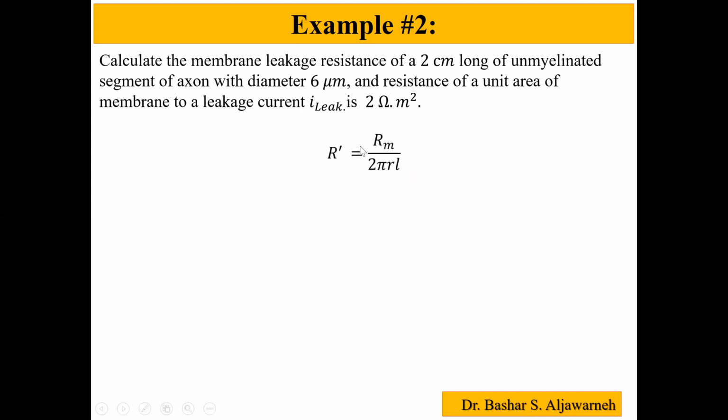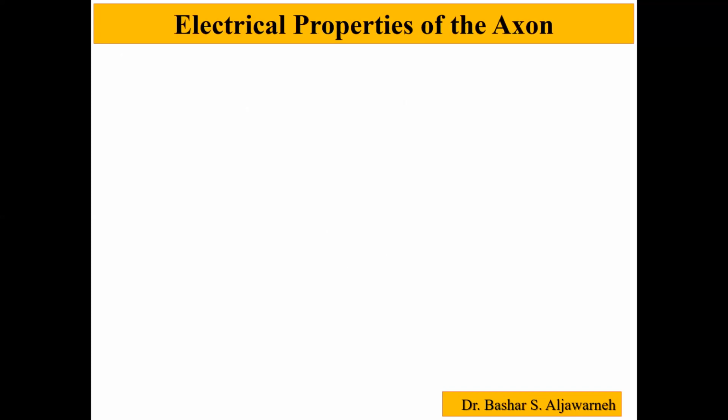Okay, R prime is R sub M divided by the surface area, which is 2 pi R L. Everything here is given, but you need to pay attention that you need to convert from centimeter into meter and from micrometer into meter to get the membrane leakage resistance.